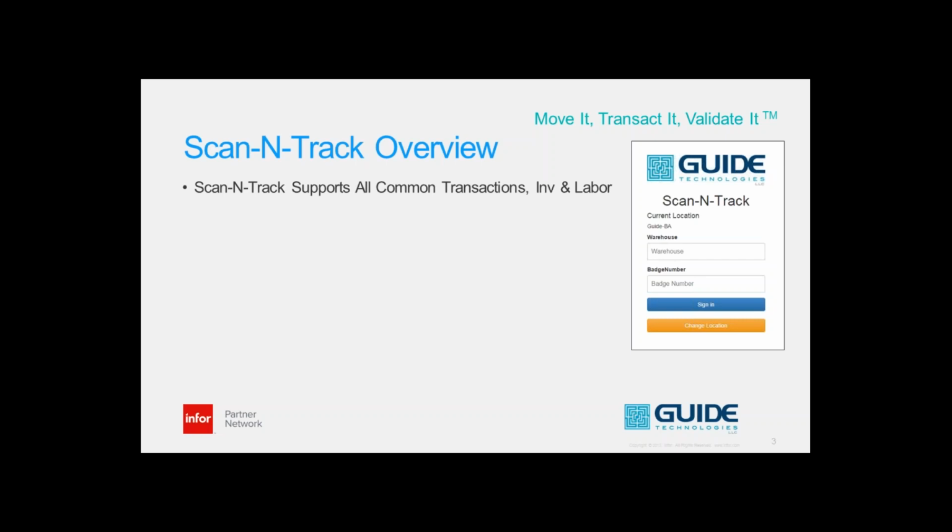We support all the common XA transactions, and I'll show you briefly what those entail from both the inventory and labor standpoint. We have full support in Scan and Track as a front end to picking, shipping, and invoicing, as you would do it in green screen. The PowerLink versions of picking and shipping are pretty limited, as you probably know if you've tried.